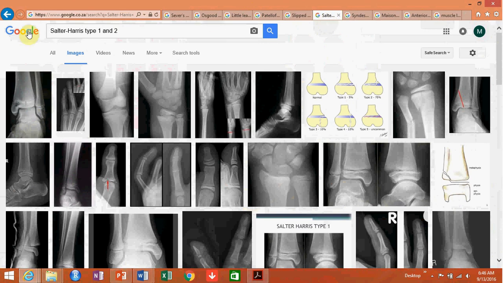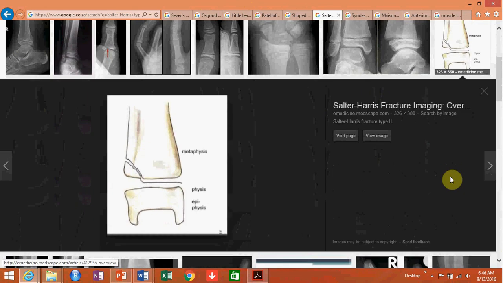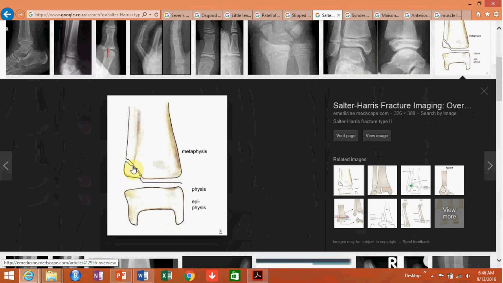Let's see here, our next one, Salter-Harris type 1 and 2 fractures, and this is with your medial malleolus or your lateral malleolus, which fractures and then pulls off of the bone. So maybe here is an example of how it would pull off. So the person would present with lateral ankle pain.